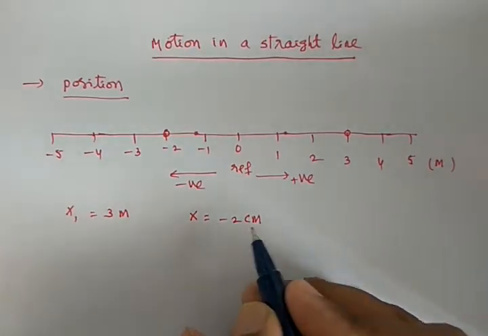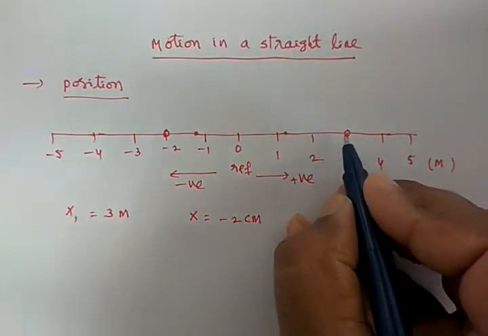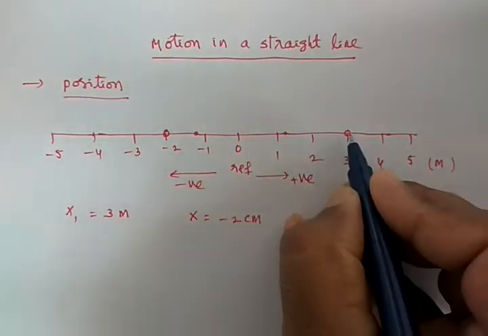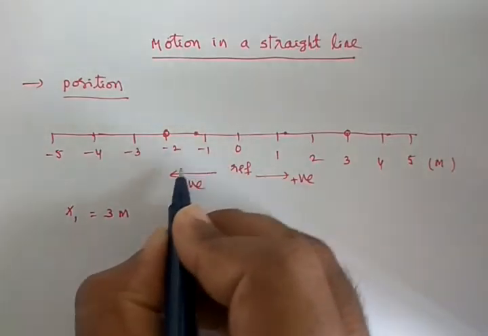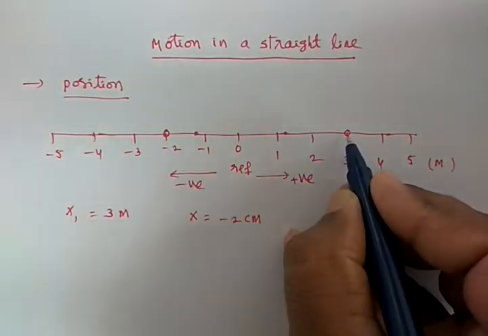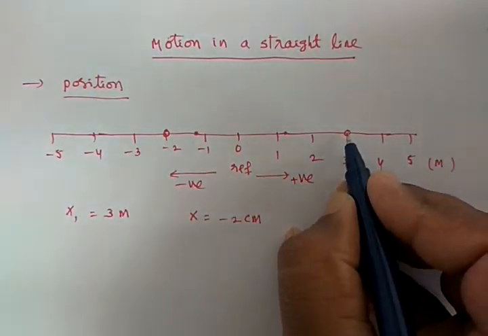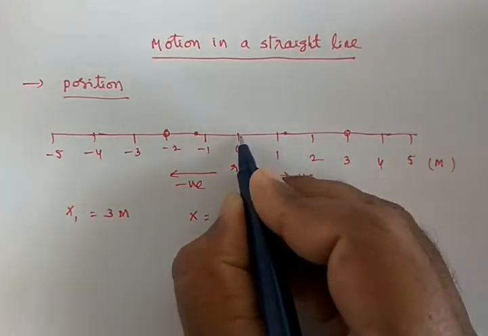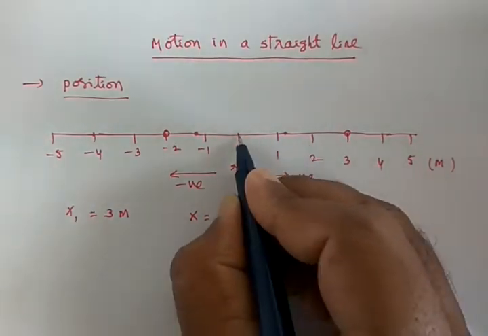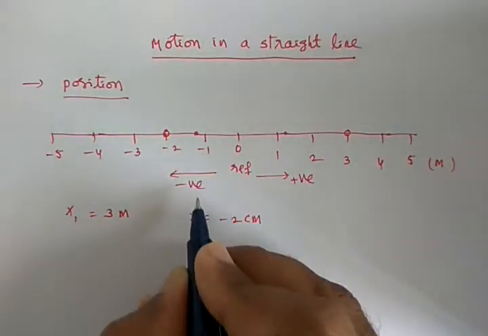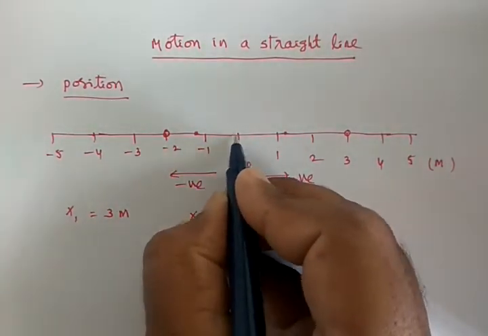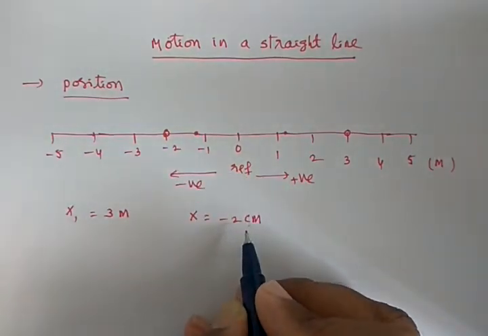So simply position of the body is simply a distance of the body from the reference frame, from the reference, and here this body is located at 3 and this is your reference. So the distance from reference to that body is 3 meter, and for this case distance from the reference frame to the body is -2 centimeter.